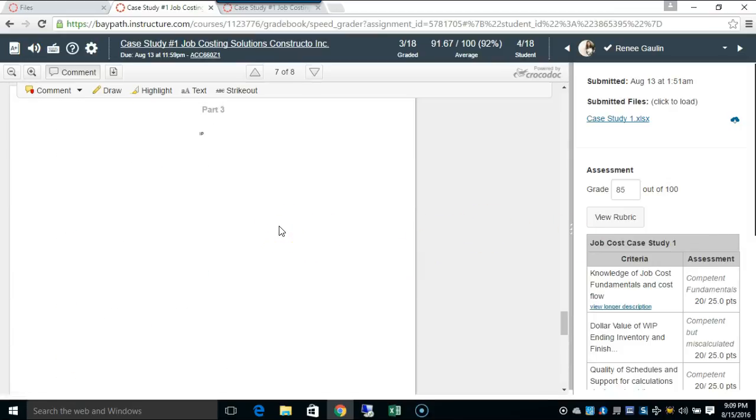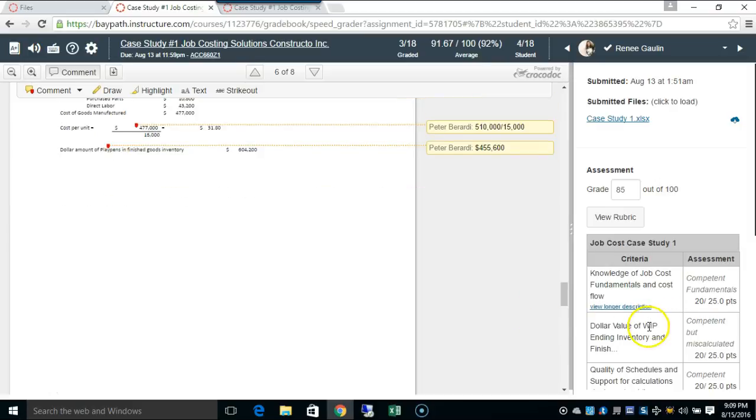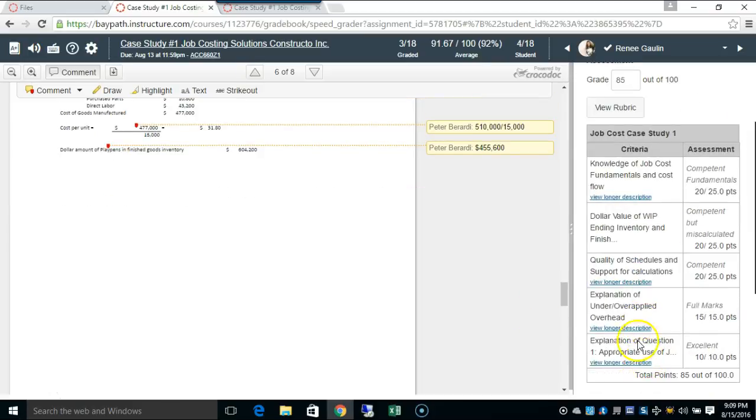You definitely know how it works. I think you just got mixed up with some WIP numbers and finished goods numbers. Dollar value of WIP ending inventory: you know your formulas, you had a sense of where to get the numbers and how to do it. You just miscalculated and lost some points there.